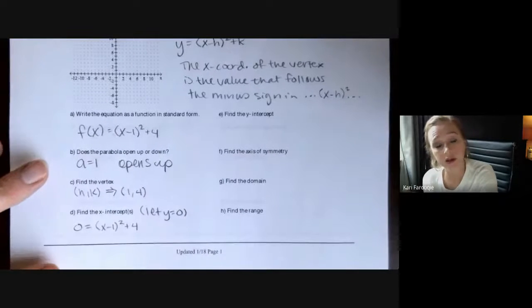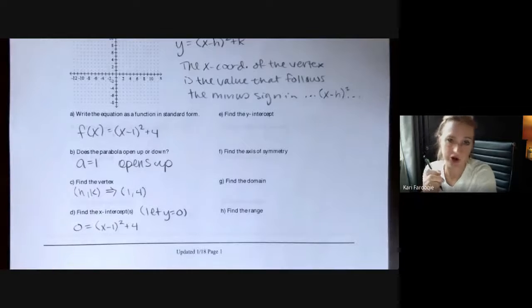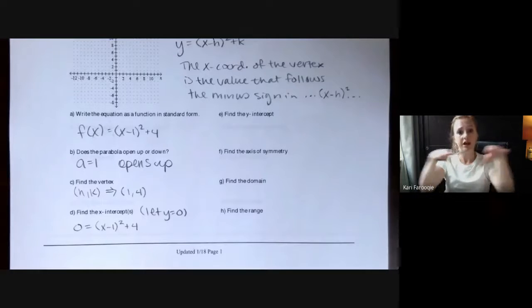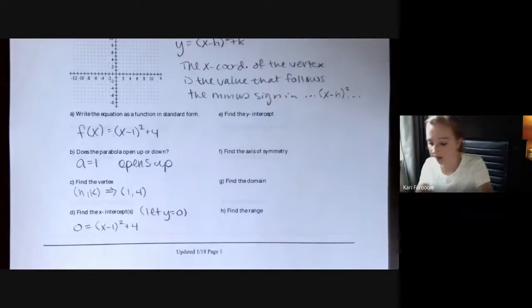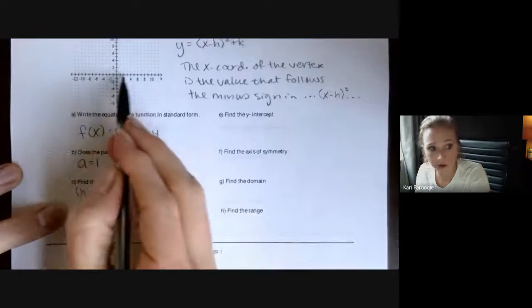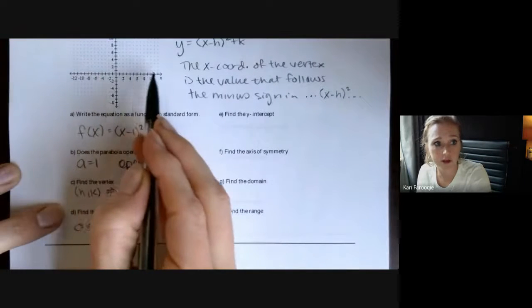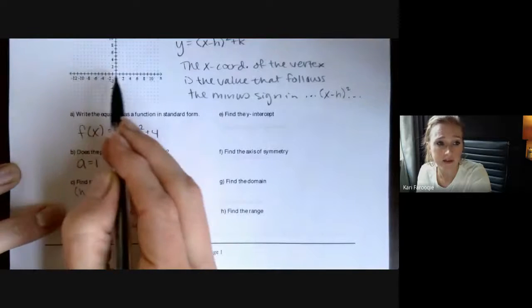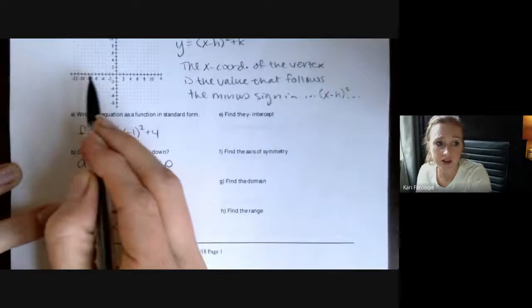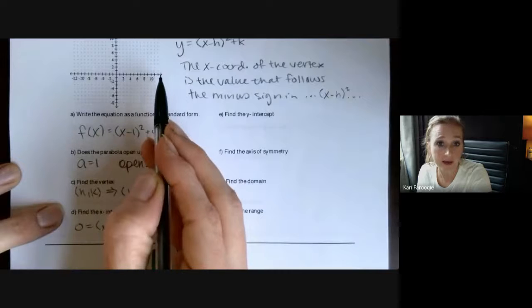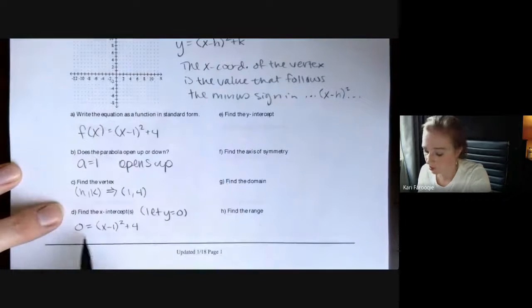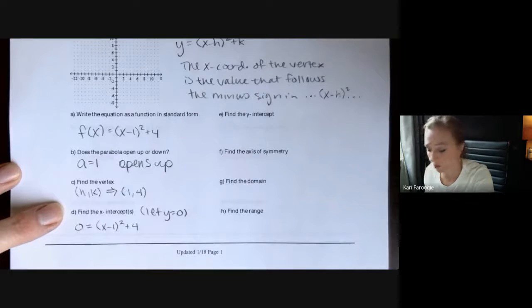We're letting y be 0, because if y is 0, then we have to be sitting on the x-axis. I'm looking for x-intercepts. That means I'm looking for values that lie somewhere on this x-axis. If that's the case, then the y value has to be 0. That's why we're letting the y value be 0. And we're going to solve for x to see where x exists when y is 0.